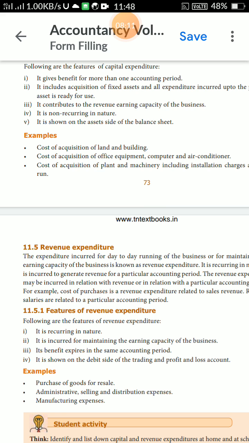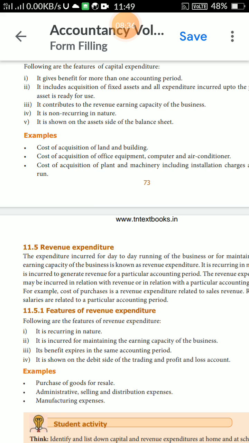Listen students, capital expenditure means mostly fixed assets only. Capital expenditure is written on the asset side only. But revenue expenditure you write in the trading and profit and loss account only.